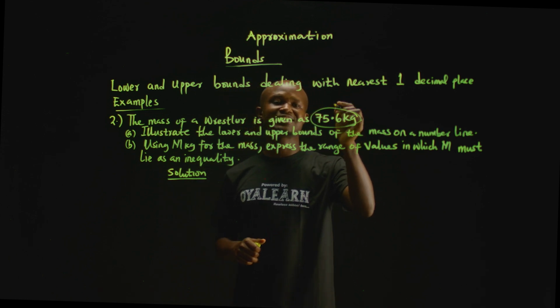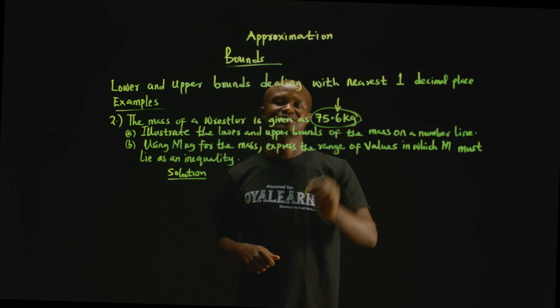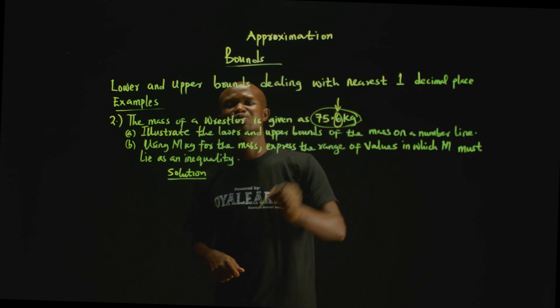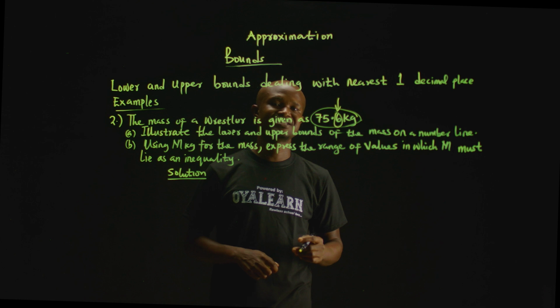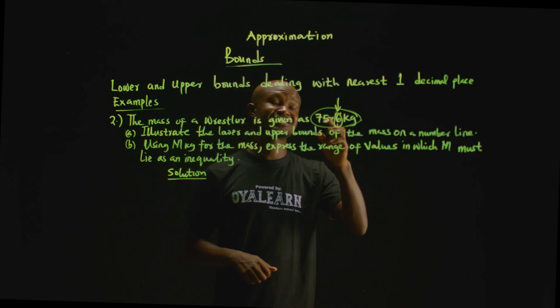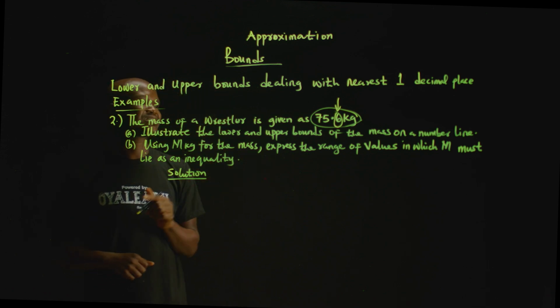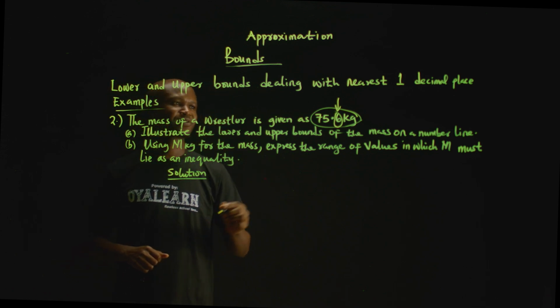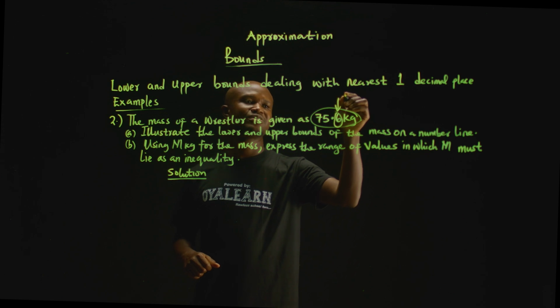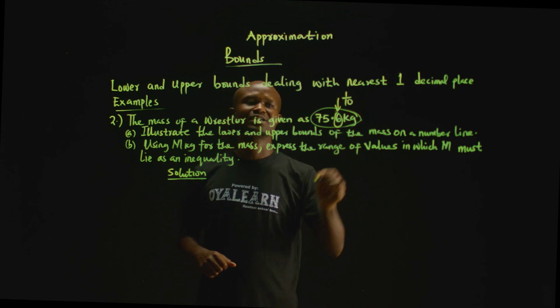The last number after the decimal point here is 6. What is the place value of this 6? That is tenths, and that is like 1 decimal place. Take note of that. So tenths represent 1 over 10.